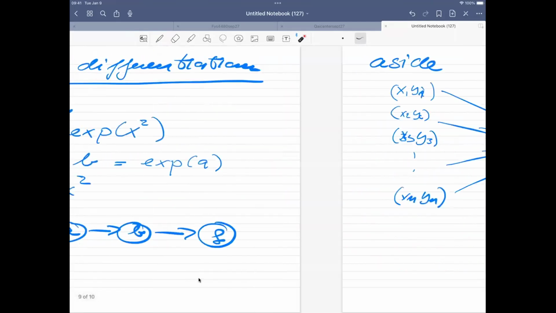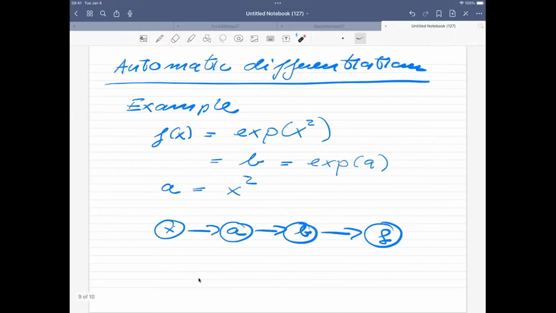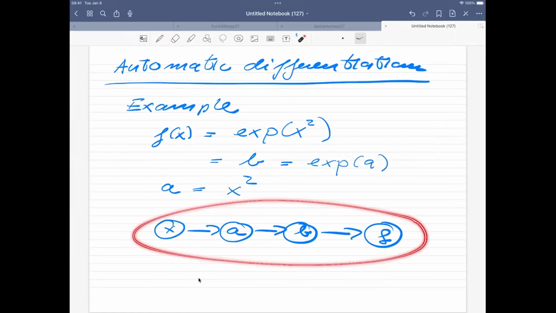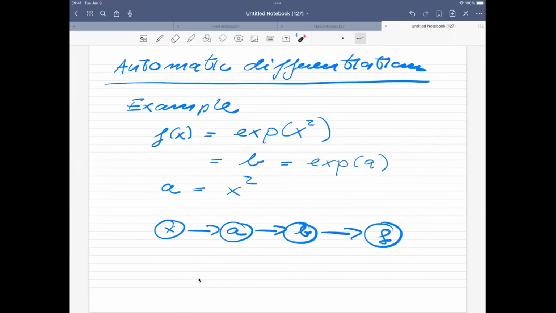So let's look back at this example which you see here. And now we are interested in the derivative of f with respect to x. So we want df/dx. And you see now that with this simple function, we can write this as df/db. And notice one thing here, that this is actually 1.